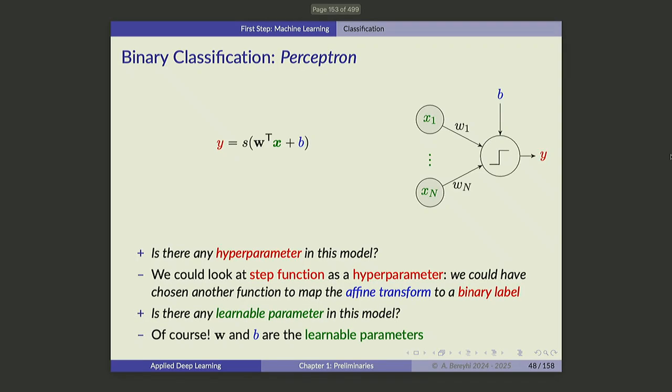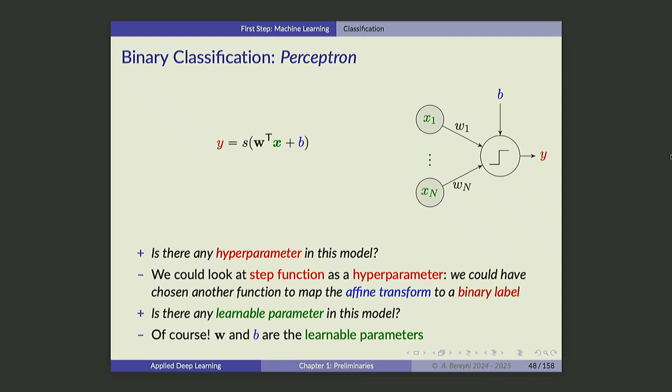Now, once you have made the choice, then you're left with a bunch of weights to learn. For instance, in this particular perceptron, how many weights do I have? Go ahead. N plus 1, right? Bias as well, so I have n plus 1 different weights. All the weights w and the bias that I have.